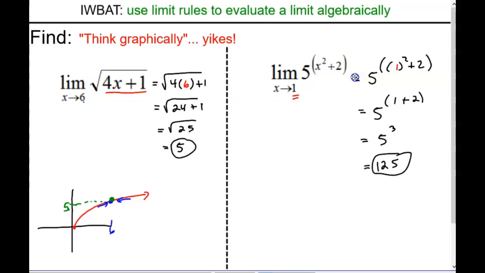So, that's pretty friendly, right? I could have just told you that at the start. Hey, just plug that number in and evaluate. But it only works when we have continuous functions. Now, if you were to graph this function, 5 to the x squared plus 2, its graph is going to look kind of exponential, but that's still continuous. So we don't run into any problems with direct substitution when we have continuous functions.